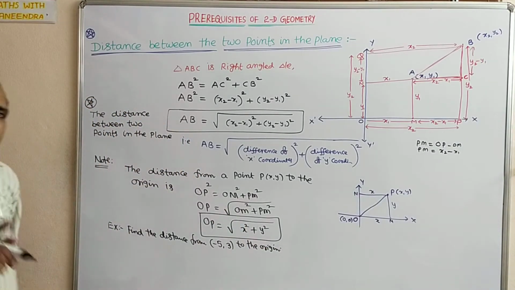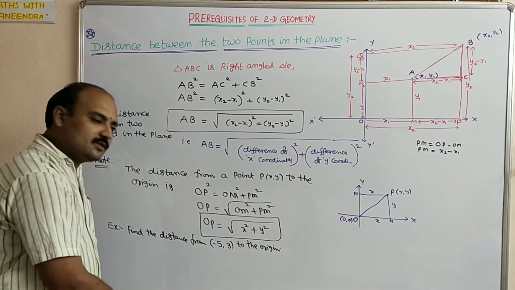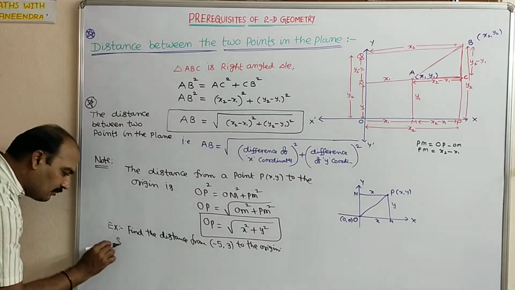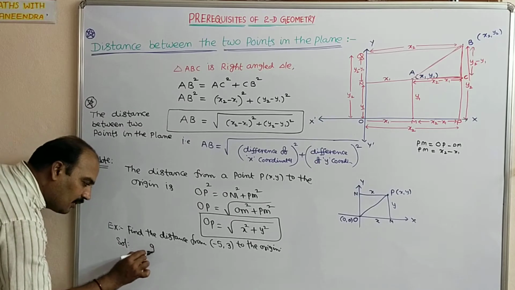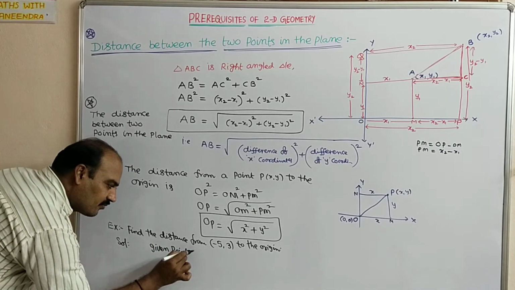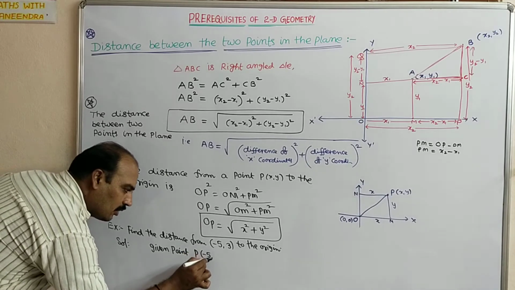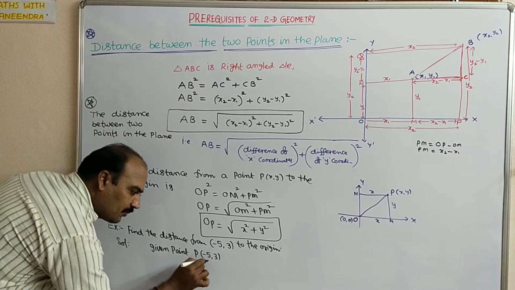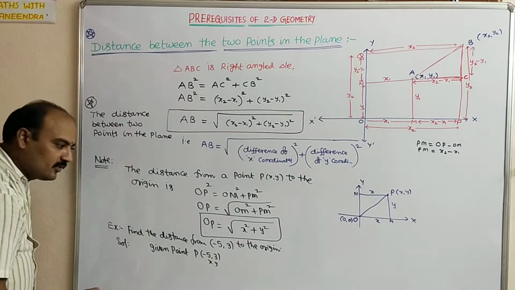Whenever the distance from the origin to a given point is asked, you take the given point as x comma y, irrespective of negative or positive. The given point P is minus 5 comma 3.